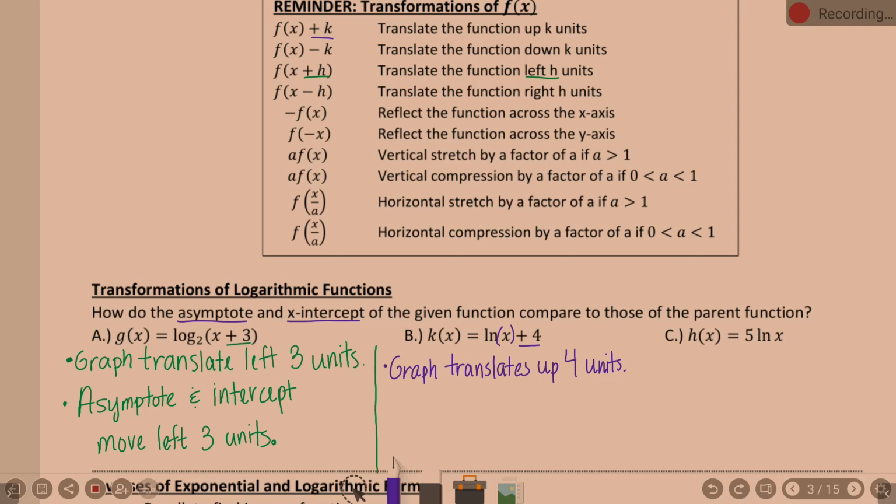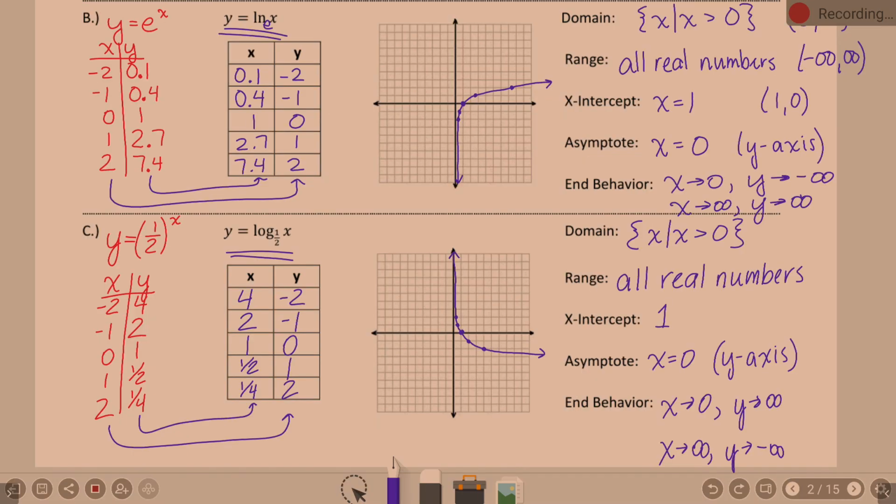Now think about this. Let's start with the asymptote. I take my graph from yesterday and I move it up 4. So if I go back here to my previous screen from yesterday, if I take one of these graphs and I move that graph up 4, is my asymptote going to change?